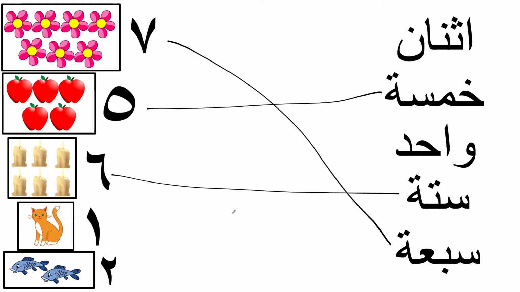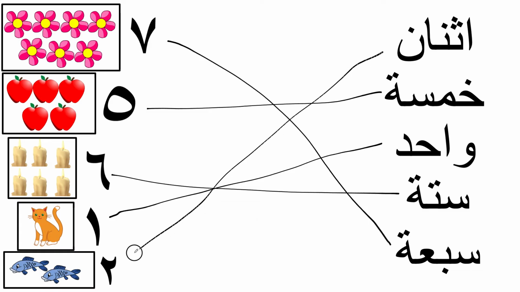Become kat, one, wahid, and lastly, become shamak, how many fish? And there's ithnan, fish. So that's something I'd have them do as a way to get up and practice with counting them and seeing the number form together.